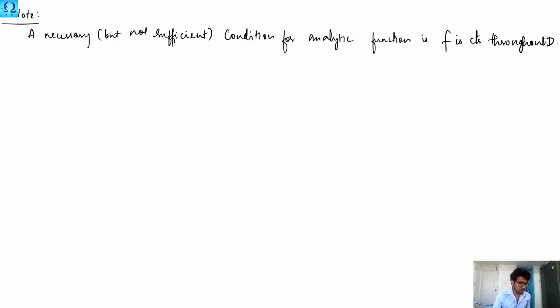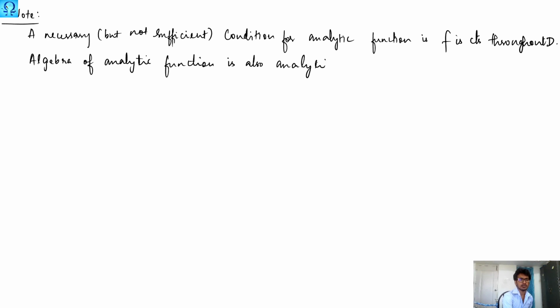Sufficient conditions are obtained through differentiation formulas. The algebra of analytic functions is also analytic. By algebra I mean the sum, difference, product and the quotient.